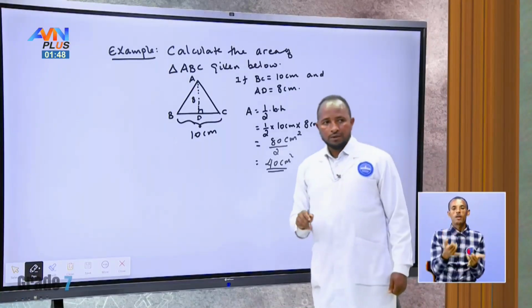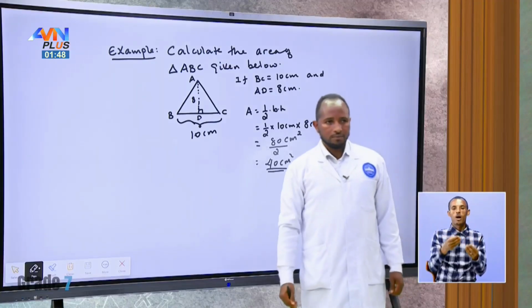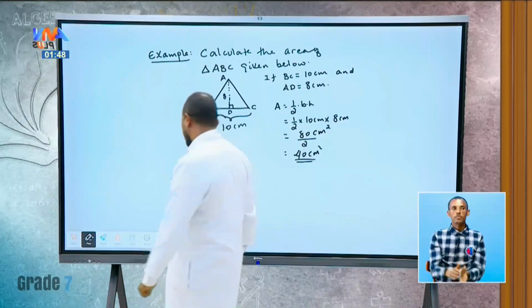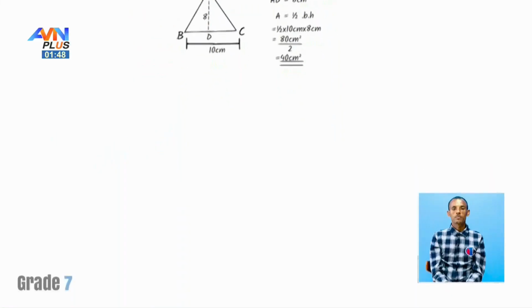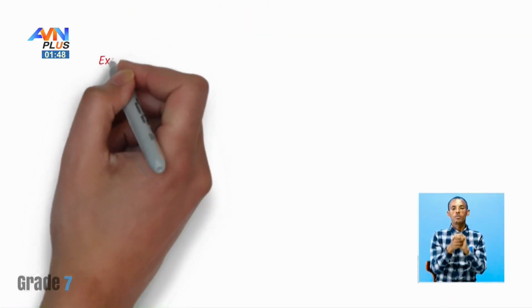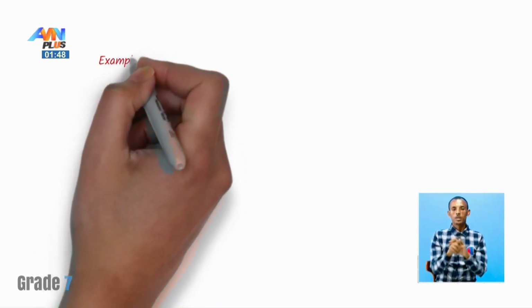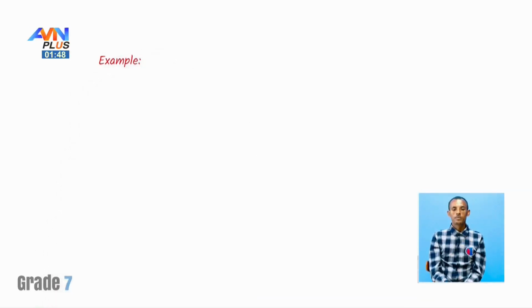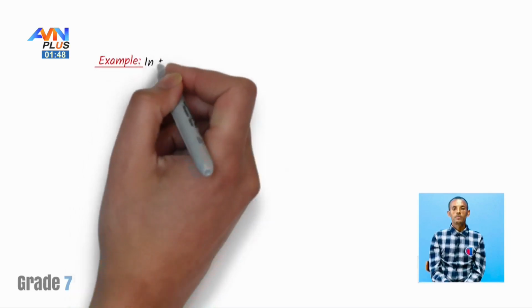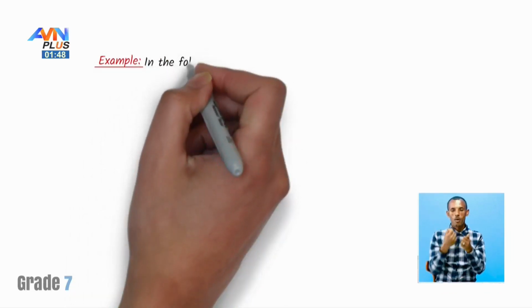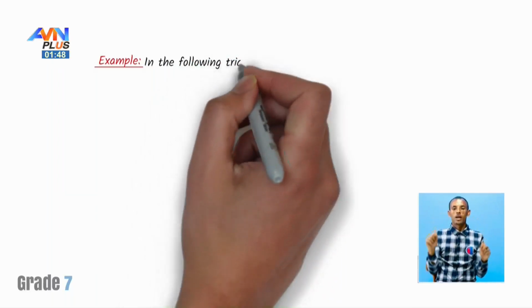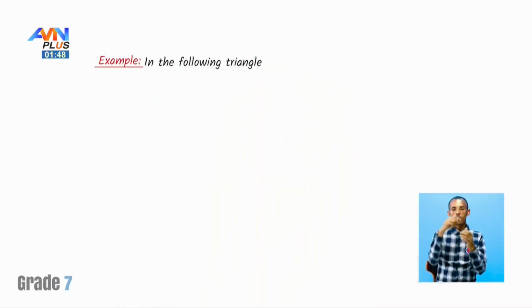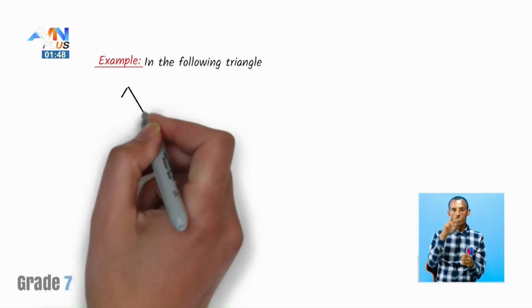Now, let me give you one more example for this. Example 2. In the following triangle, look, this one is the triangle.